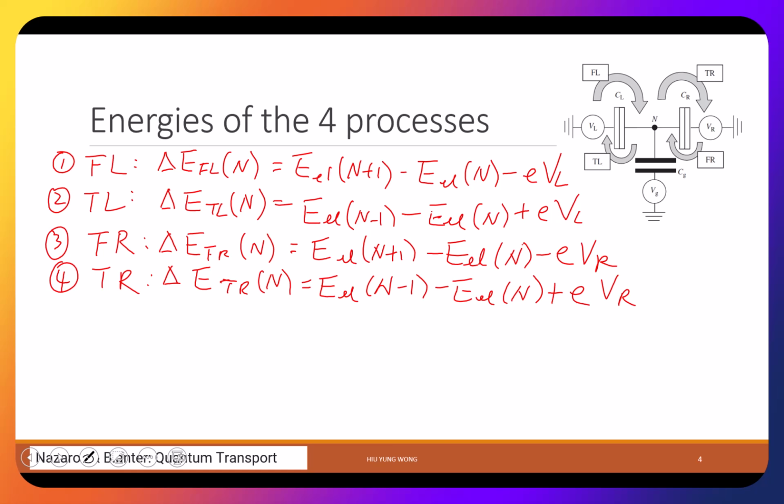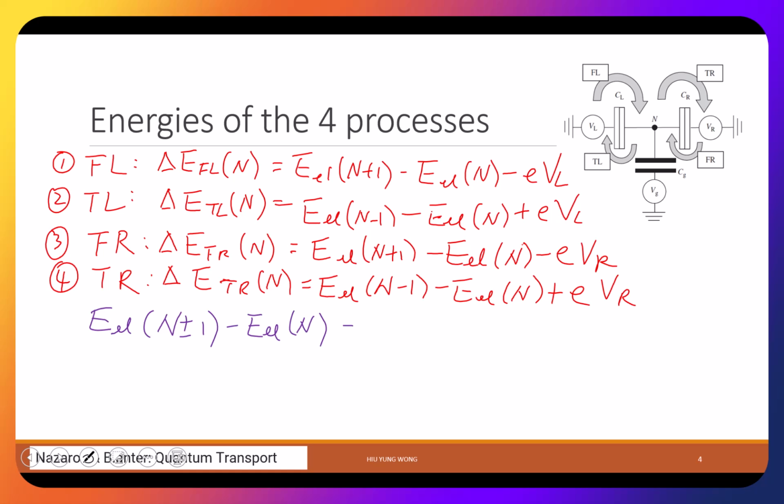My question is, then what is the energy, right? I wrote down all these equations, but they always just have plus or minus. So I want to know what is EL of N plus or minus 1 minus EL of N, right? All this, N plus 1 minus N or N minus 1 minus N. I just want to know what it looks like.